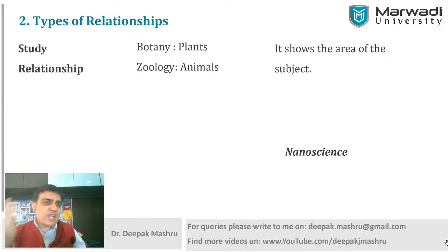When botany studies plants, zoology studies animals, what does nanoscience study? Nano objects. It talks about nano objects of science, right? Nano means small. It talks about the small things, right? Good, good.